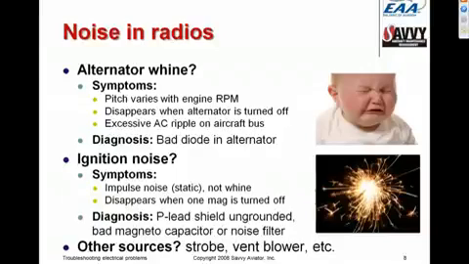There are some other things in airplanes that can cause noise in the radios. Strobes can cause noise. Again, you diagnose that by noticing that the noise, that's also impulse noise, but it's very slow, and you hear it at the strobe repetition rate, and you know when you turn off the strobe it goes away, so you know it's strobe noise. And most often that's also a loss of grounding, because the wiring between the strobe power supply and the strobe light needs to be shielded, and the shield needs to be grounded, and so on.